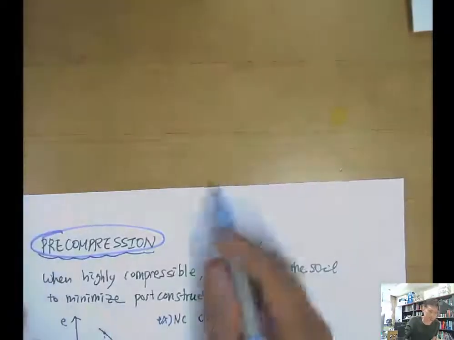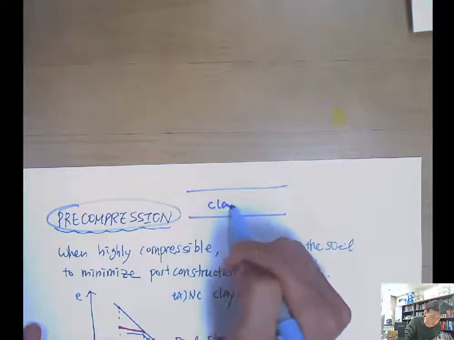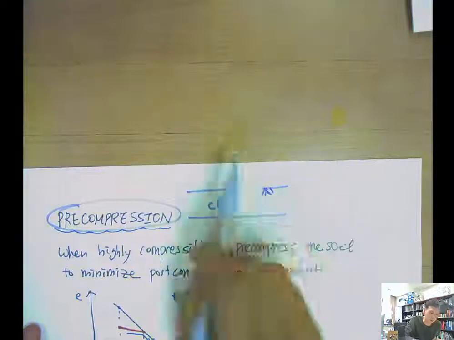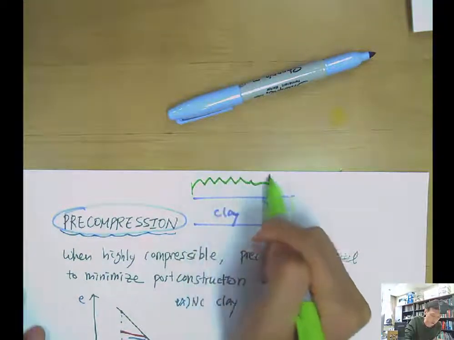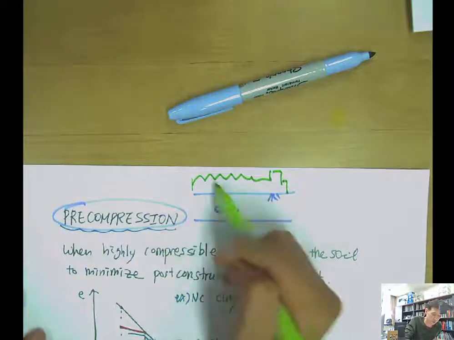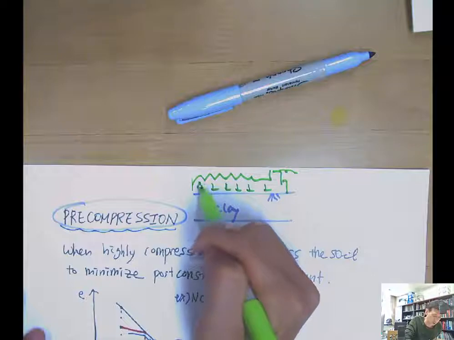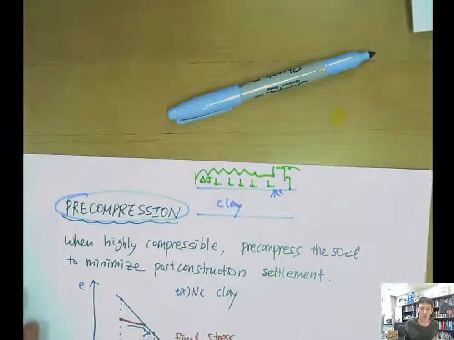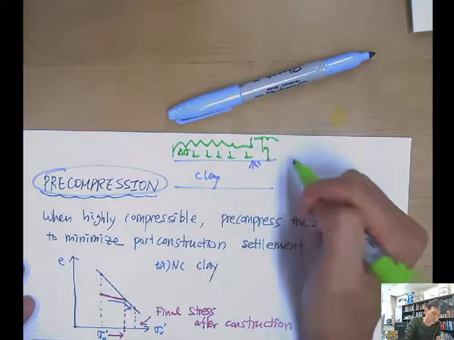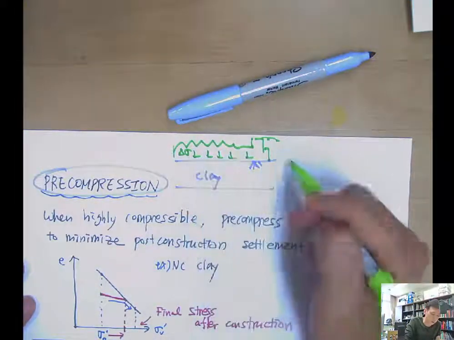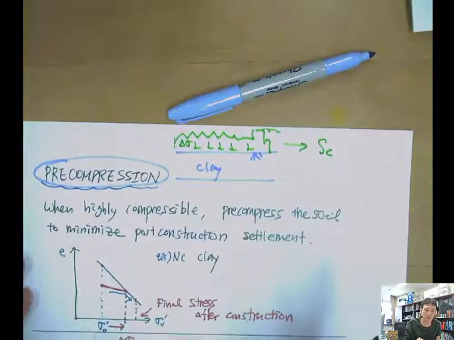So this is, for example, you have a clay layer at the top, and you're going to build some structure, right? And we have the delta sigma that's determined by the size of the structure. Then we know that this delta sigma will cause some amount of the SC.